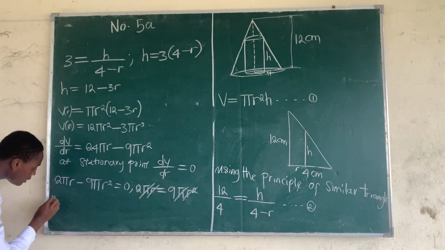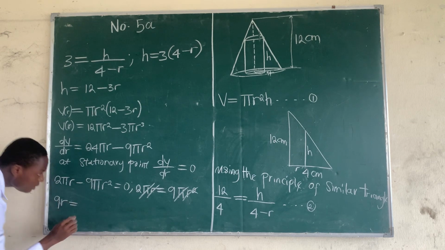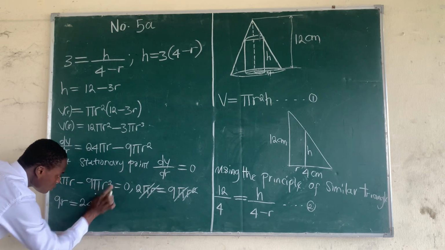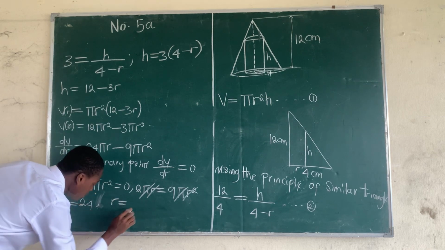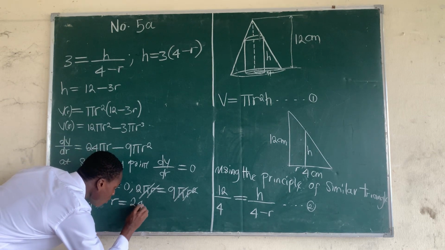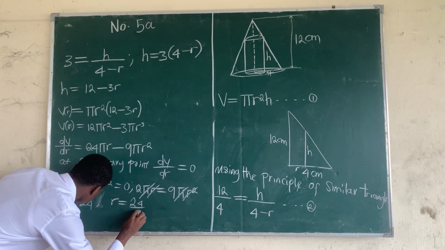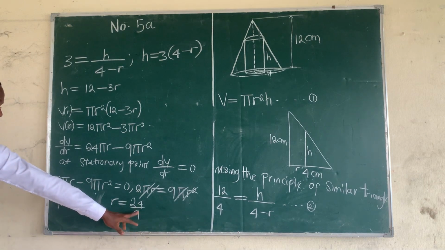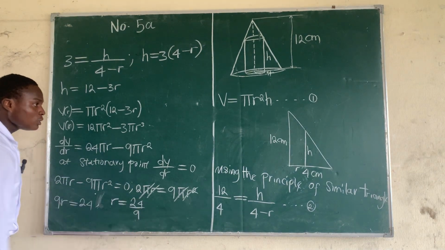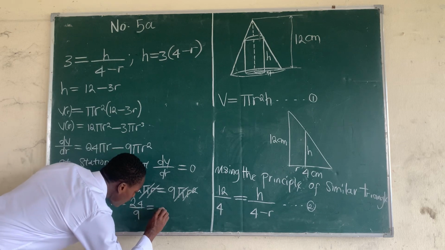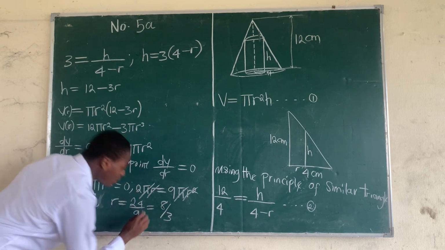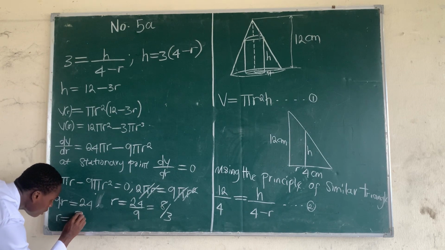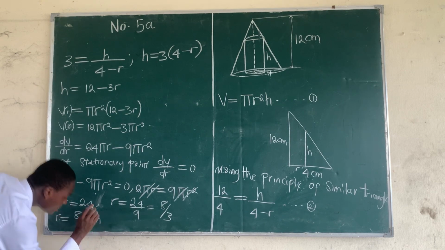So what we have is 9r being equal to 24, so that r is equal to 24 over 9. Dividing both by 3, 24 gives us 8, and 9 gives us 3. So we have 8 over 3 as our radius. So our radius r is equal to 8 over 3 centimeter.